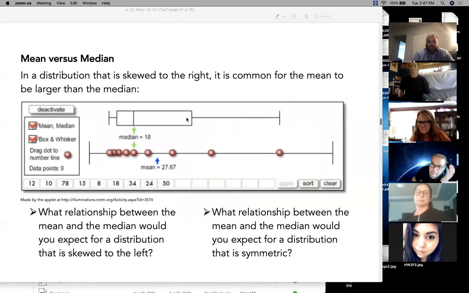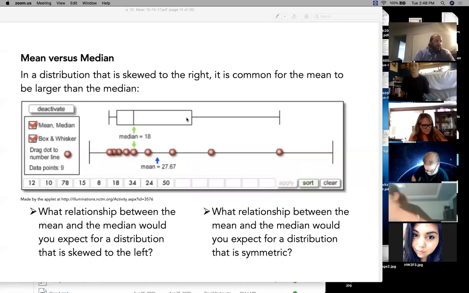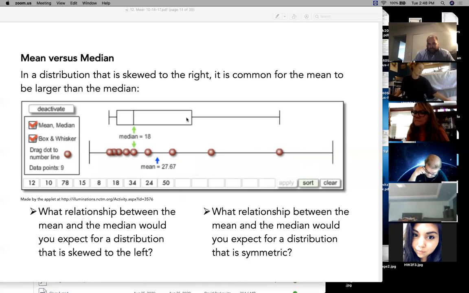Okay, now we have 2 different measures of center. We have the mean and the median. If the distribution is skewed to the right, it's common for the mean to be larger than the median.